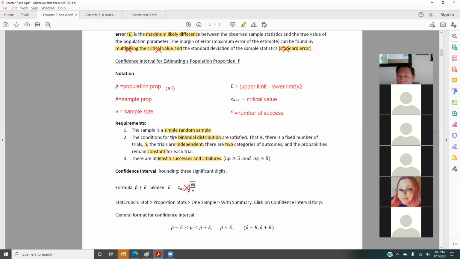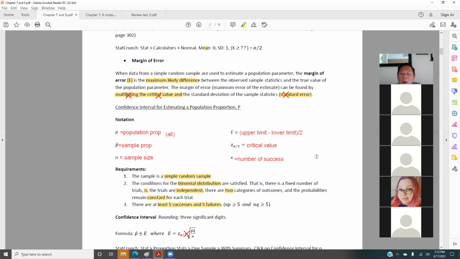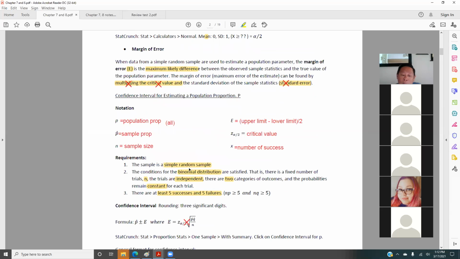Okay, so these are the 3 requirements. If you fulfill all these 3 requirements, then we will be able to calculate the confidence interval. However, if one of these requirements is not fulfilled, then you cannot calculate this. But if you're doing this in my test, and a requirement is not fulfilled, you still need to calculate the confidence interval. You guys with me here?